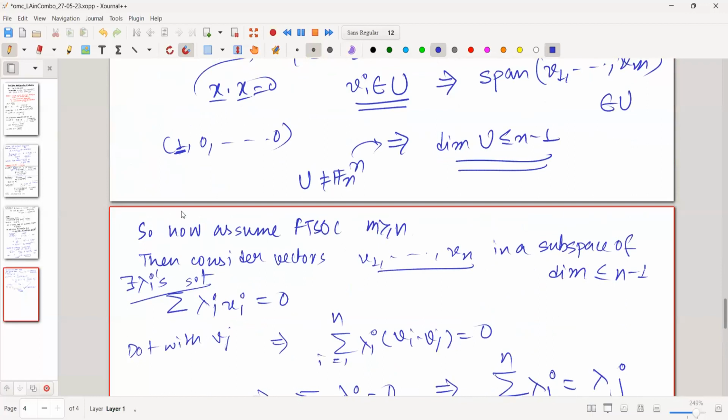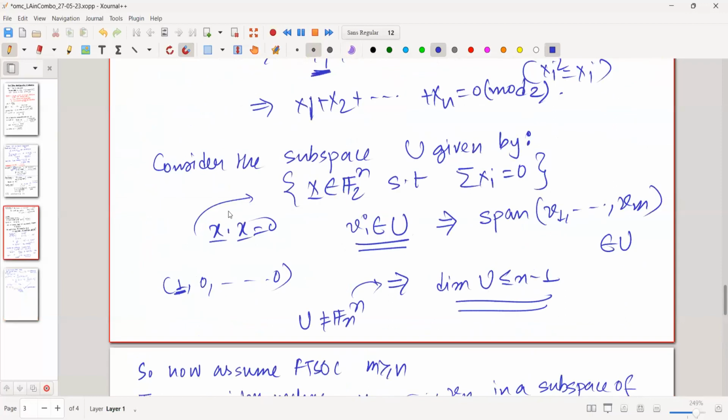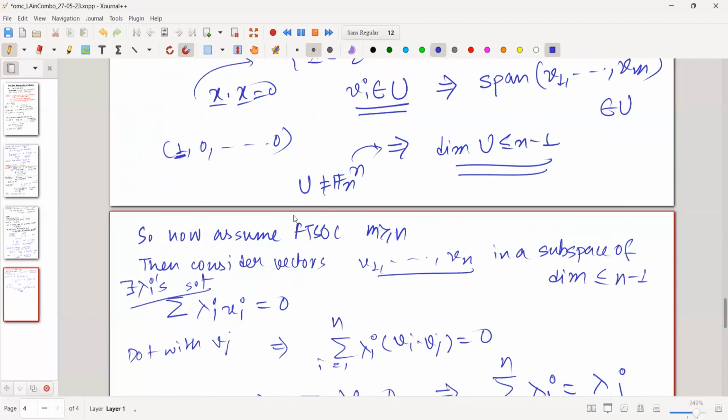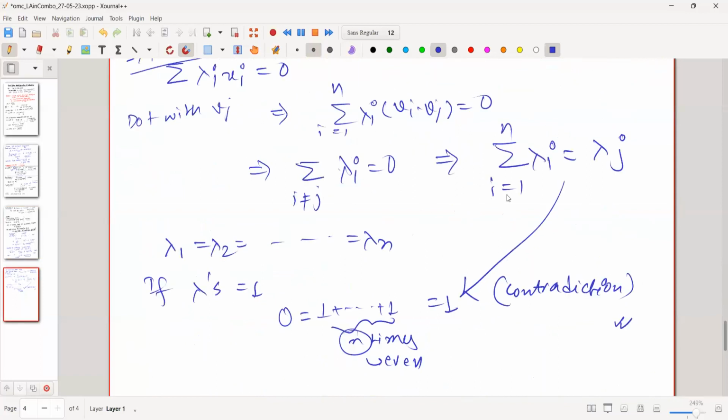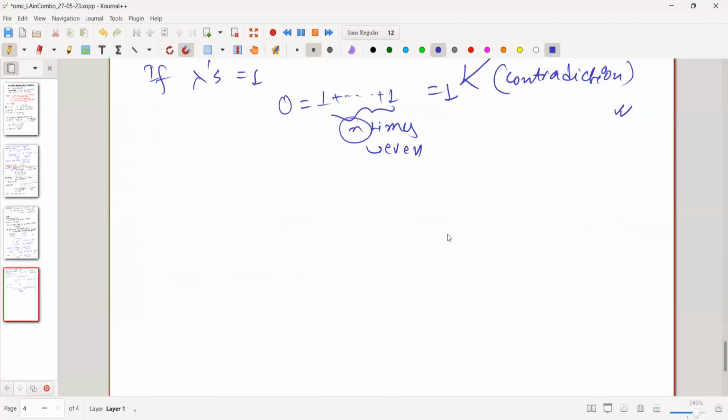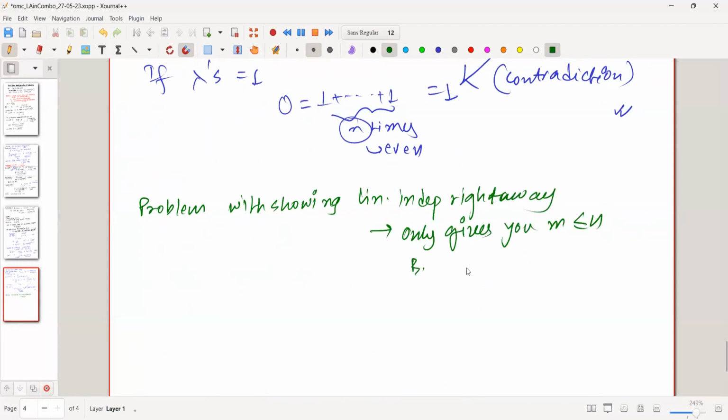The problem with showing they're linearly independent right away is that it only gives you m at most n, but we need m at most n minus 1. So is there any question with this proof, any doubts regarding this proof?